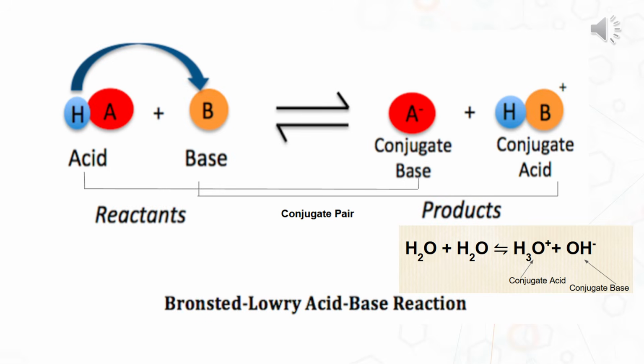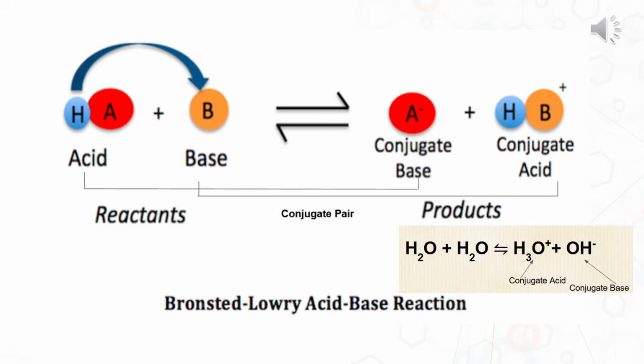Here is another picture to discuss the Bronsted-Lowry acid-base reaction. As you can see in the first photo in the slide, we have the formula HA plus B, wherein HA is your Bronsted-Lowry acid and B is your Bronsted-Lowry base.